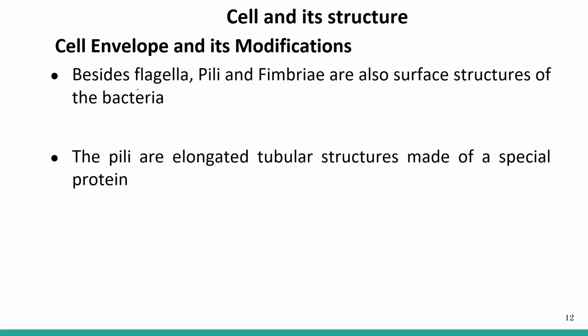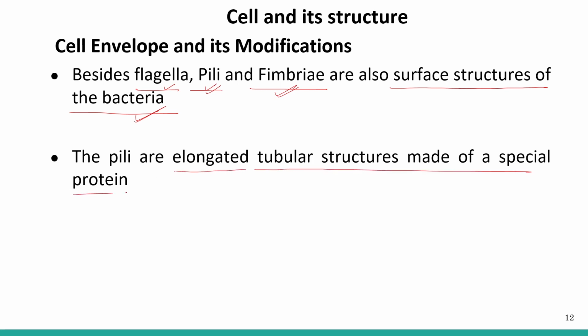Besides flagella, pili and fimbriae are also surface structures of the bacteria. They are attached to the surface. The pili are elongated tubular structures made up of a special protein. If this is a bacteria, they form a tubular structure and get attached to another bacteria.